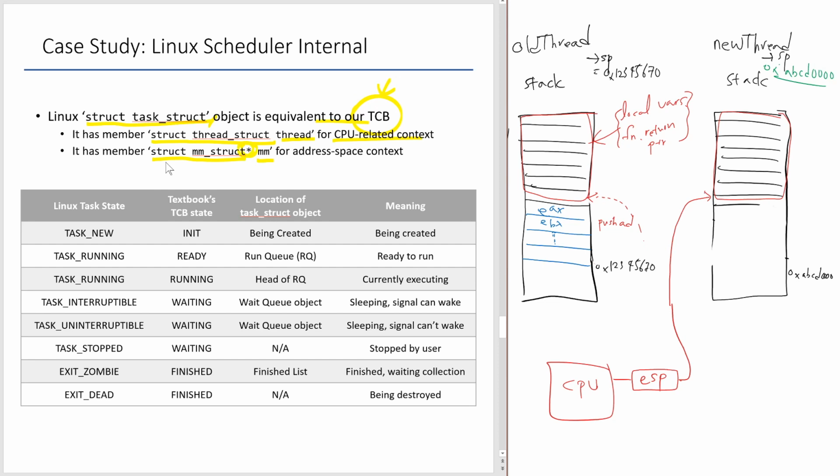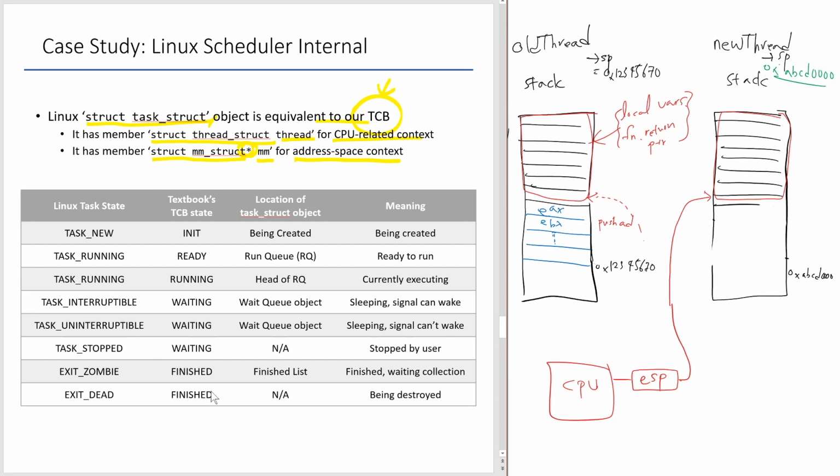As you can see, this is a pointer, and mm stands for memory management, for the address space context. So the instance is shared among multiple task_struct instances. This captures the process address space idea, and inside a process you can have multiple threads. Therefore you can have multiple instances of struct task_struct, and each has to have a reference to the address space, which is why it has the mm member.